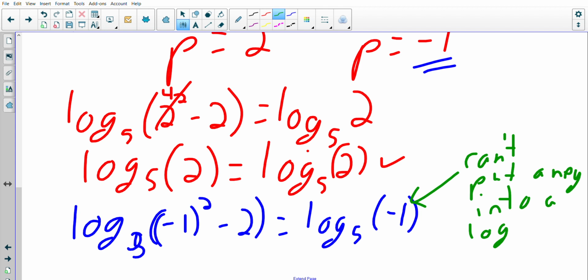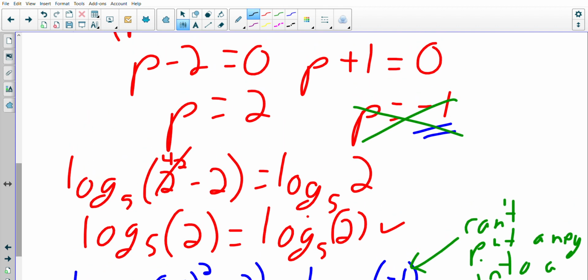So that one does not work. So negative 1 does not work, and your only answer in this case is p is equal to 2. If a number makes a situation where a negative is put into a logarithm, it cannot work.